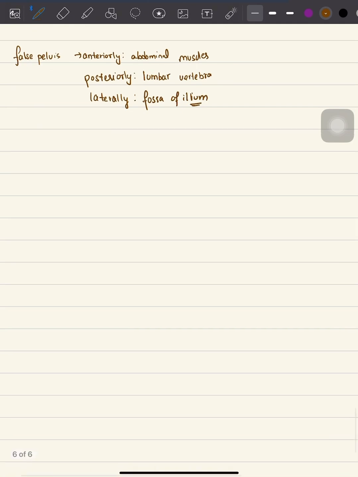Now let's talk about the true pelvis. While we understand the true pelvis, let's understand a diagram. So just consider there are two ovals. It's not a very good diagram, so let me make it once again.